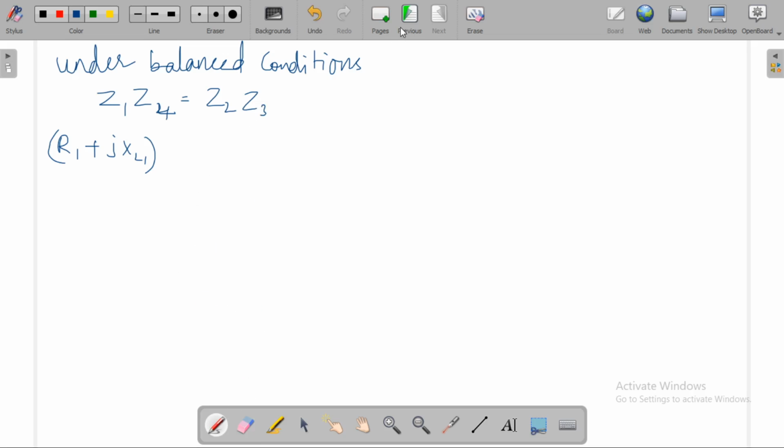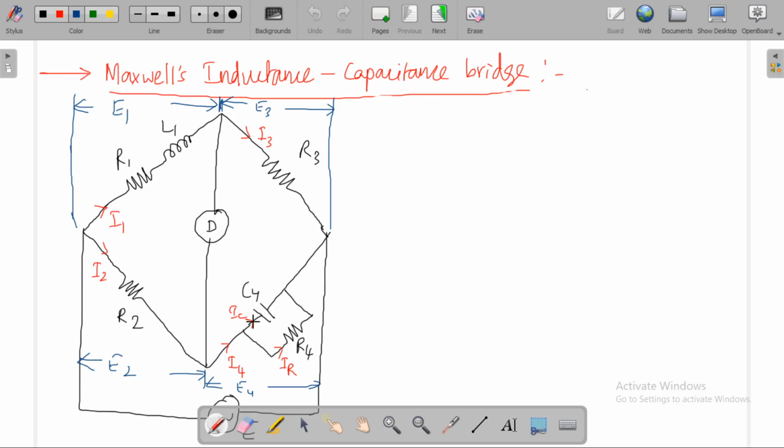Z4 is R4 into 1 by j omega C4, divided by R4 plus 1 by j omega C4, as these two are in parallel. The parallel combination of these two impedances is nothing but Z4.